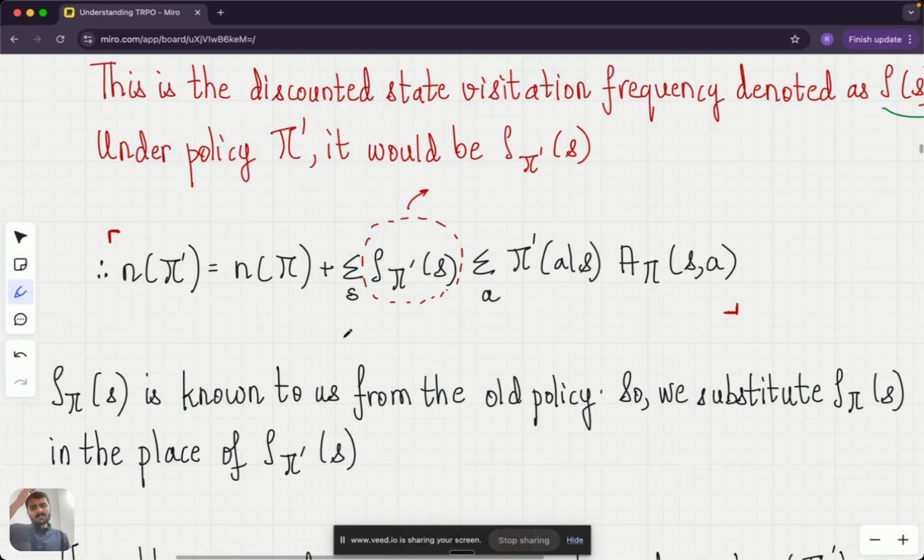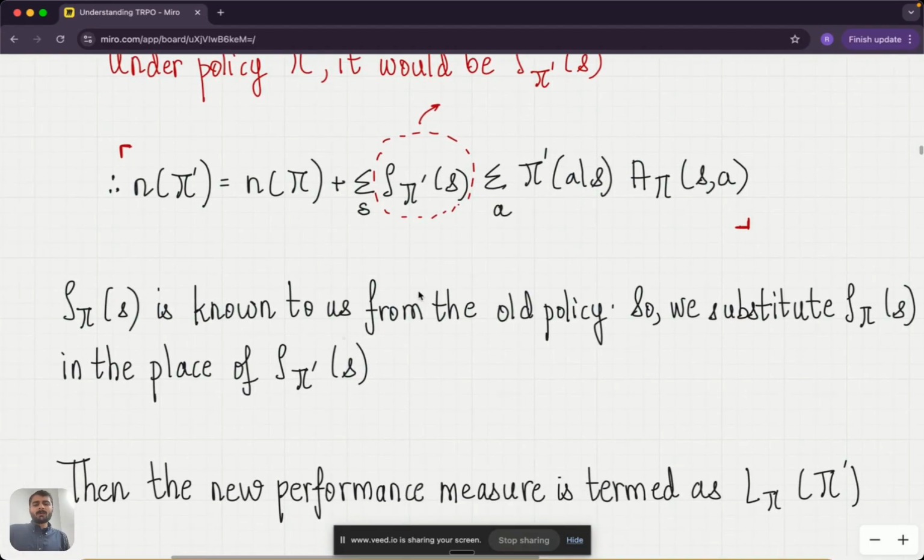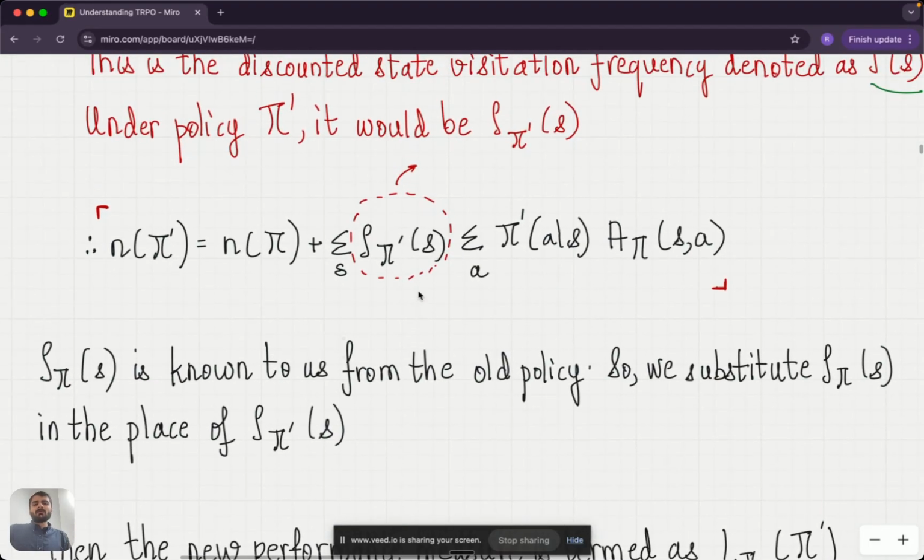So what people do is that they simply substitute rho pi of s instead of rho pi dash of s. We take the liberty of saying that okay, this is the actual equation, but we are going to modify it and assume that the agent visits the states according to the old policy.